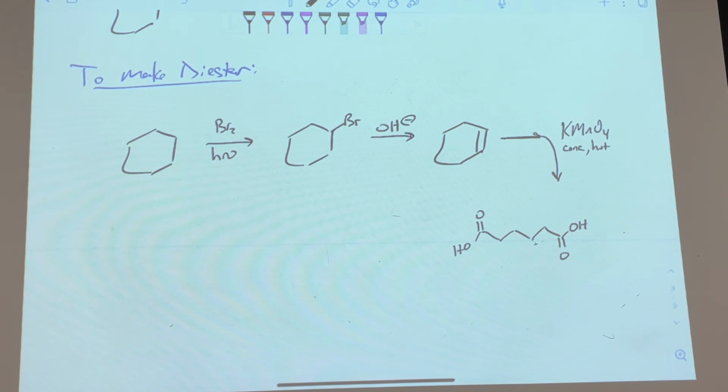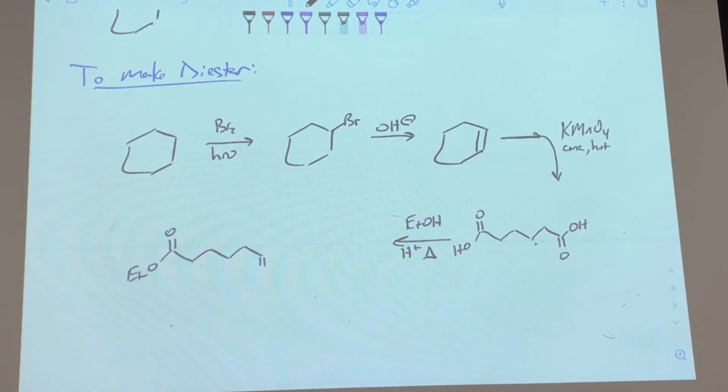So how do I go from this diacid to the diester? Yeah, exactly. Fischer esterification. You can use either methanol or ethanol, whichever, doesn't matter. Just like that, and you're all ready to do the Claisen, or the Dieckmann.